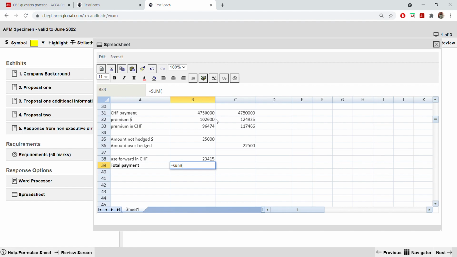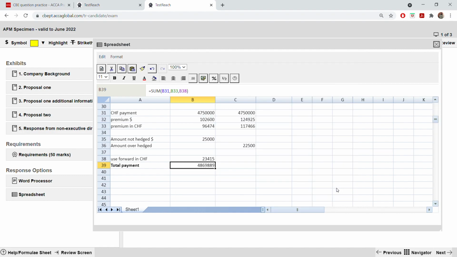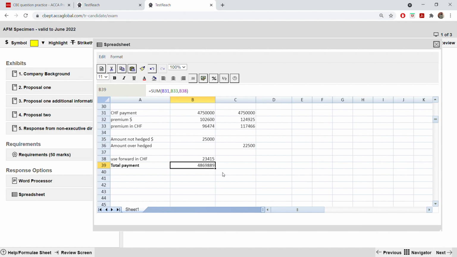So here, what is the Swiss payment? You have to add this one, comma, the premium. All these are payments. Premium in Swiss franc, comma, the amount that you're using under forward, close bracket. Now don't forget to take it to the whole number. So this is the actual number now, 4,860,000.